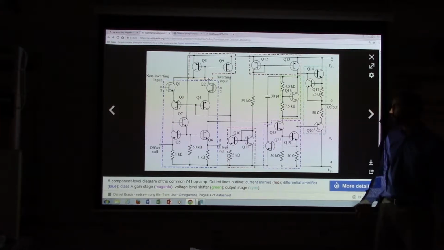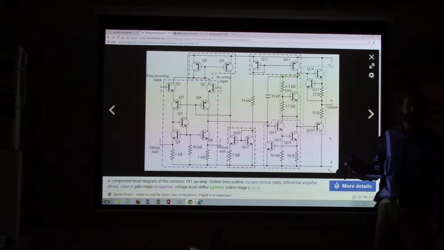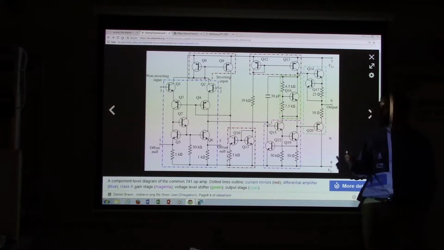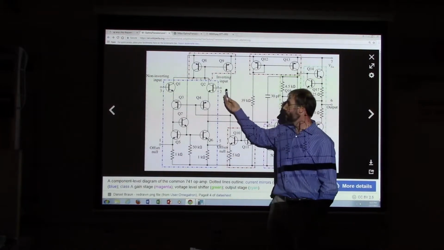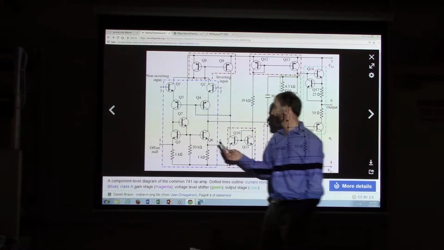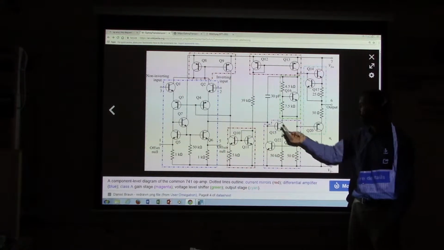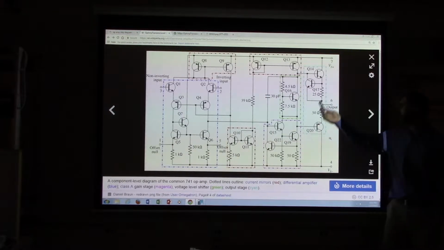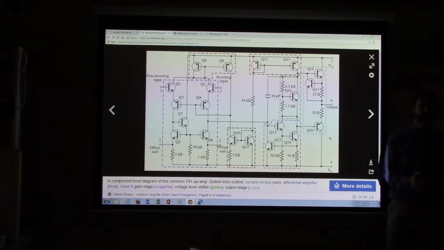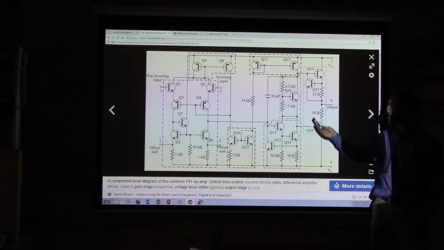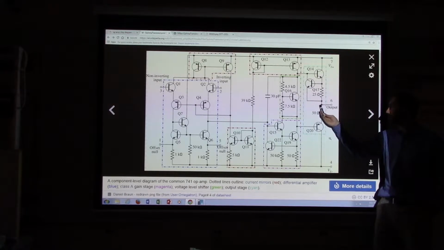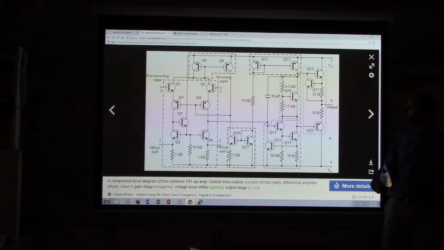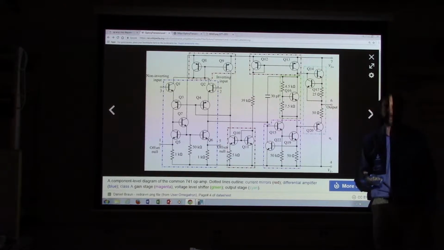We're not going to get into the details of exactly what's going on in every single case, but you have a little bit of a feeling of what's going on. We take the inputs, we amplify the difference between them, and then we amplify that voltage even more, and then we send that to the output. And this CMOS configuration allows us to have a decent amount of current coming out of the output. Okay? So that's basically what's going on inside of an op-amp.